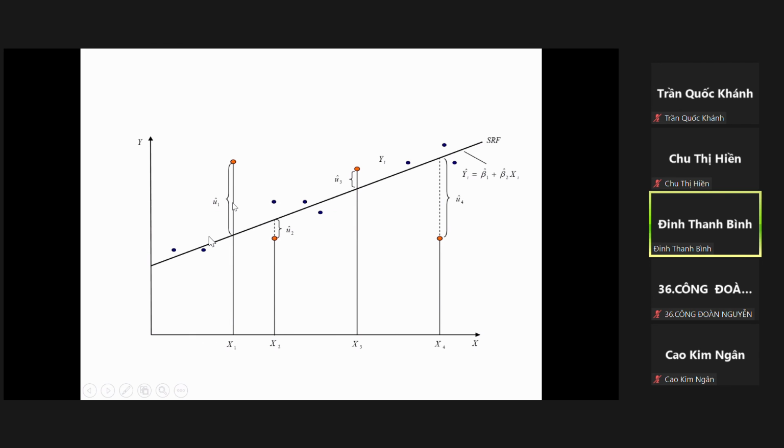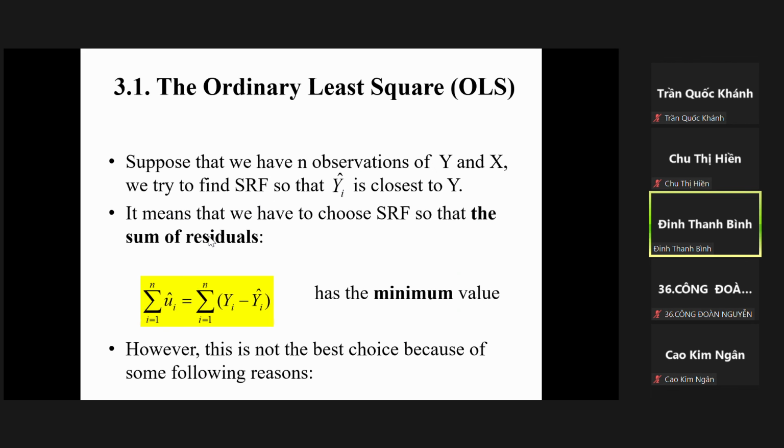So that's why Gauss saw that he has a problem, the problem of the opposite signs of u hat. In many cases, when we calculate the sum of u hat, the result could not reflect the real situation.